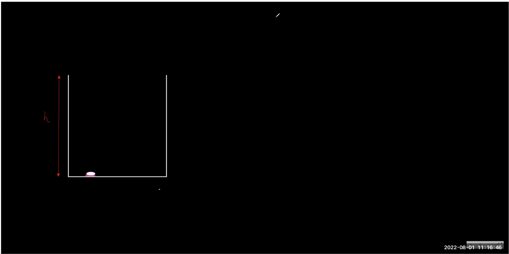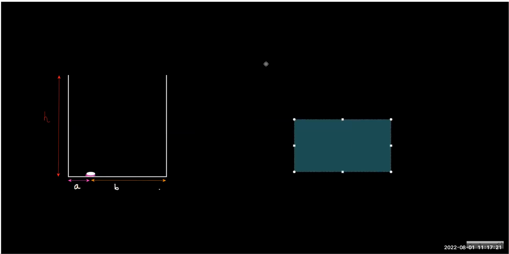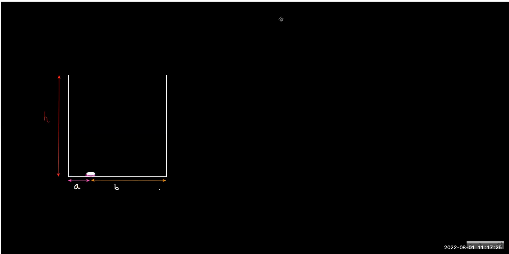This is A, this is B. And now there is a person who is trying to look inside the container at this end.